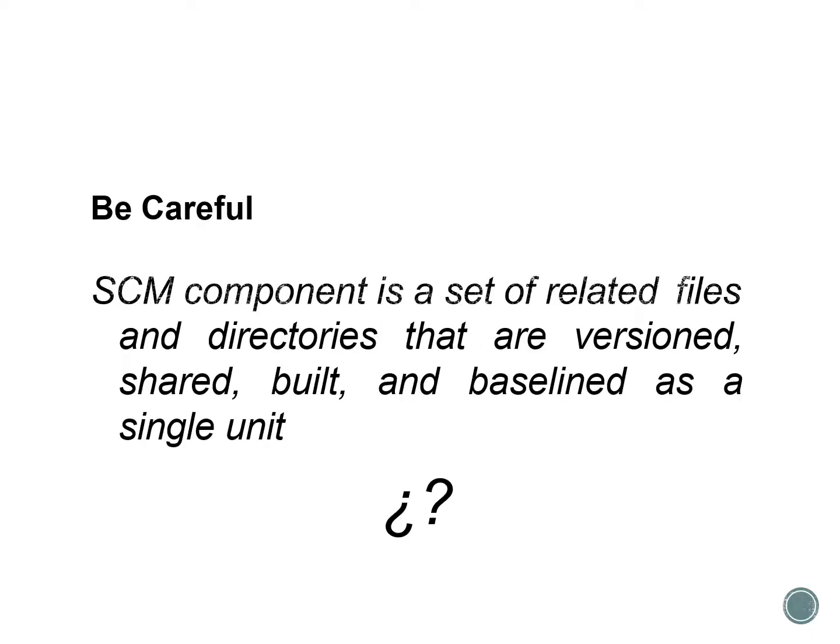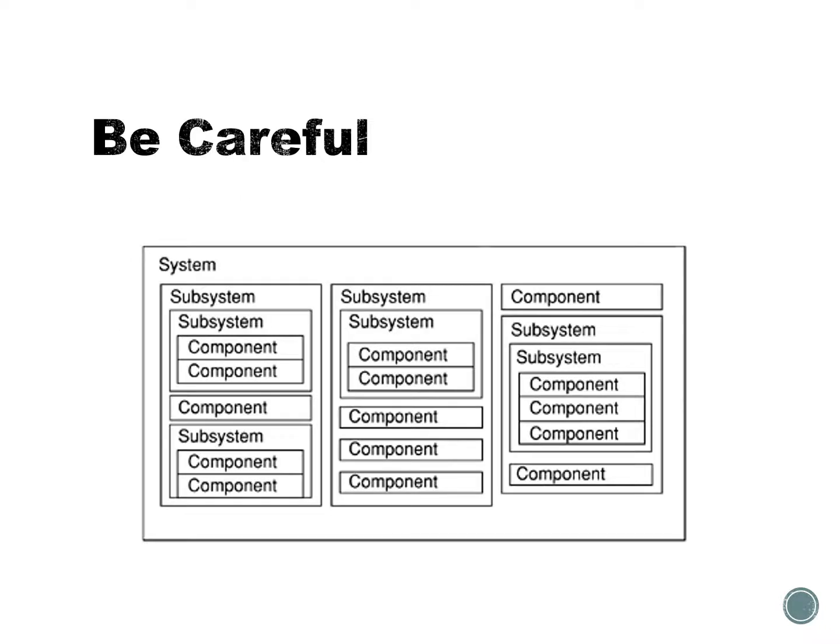And finally, of course, even though we are trying to bring order into chaos, and bring versions, baselines, and controlled builds into our software, the reality of life is this. Systems almost always are really, really complicated things.